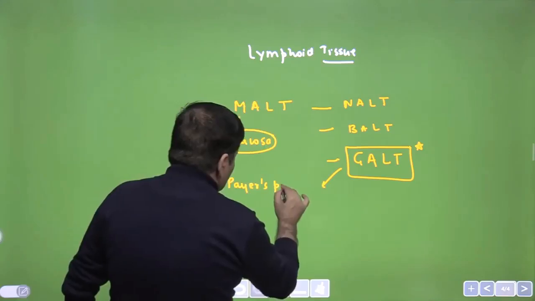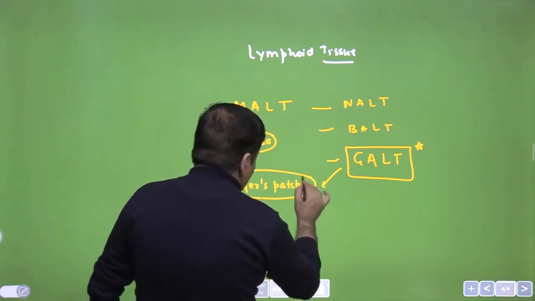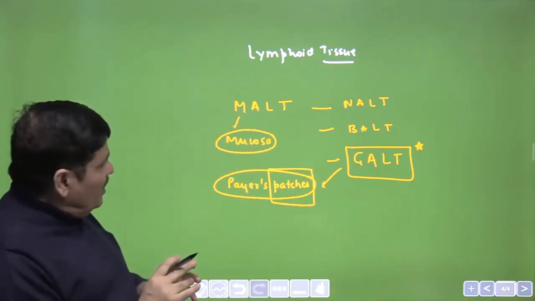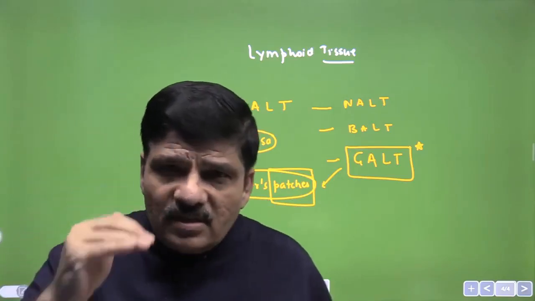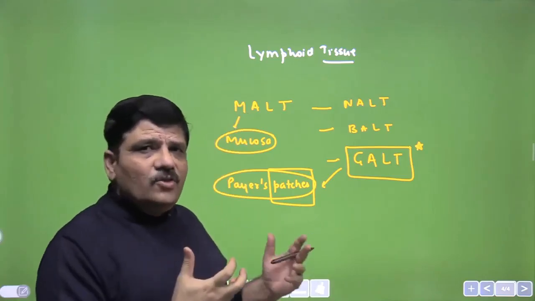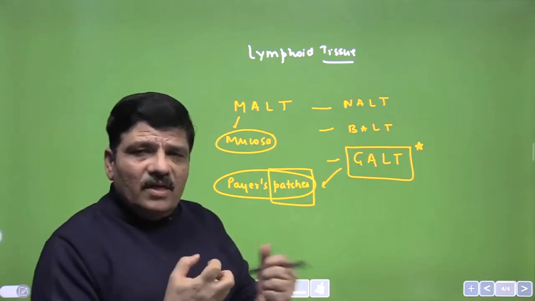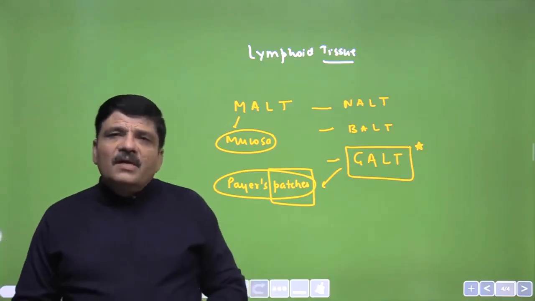So Peyer's patches are mucosa associated lymphoid tissue. They are occurring in patches, as I told you. These are the lymphoid aggregates that are present in the intestine. Normally they are present in distal jejunum and ileum, and obviously you can understand that they will be trying to protect against any pathogen that is going to enter into the body through these.